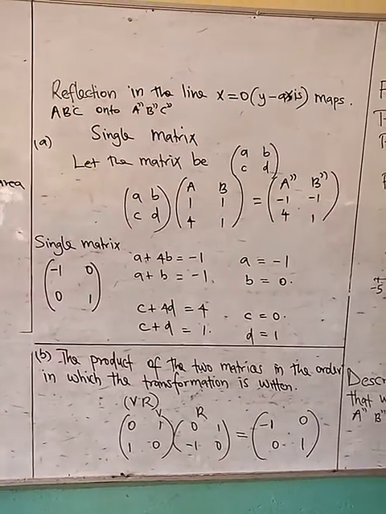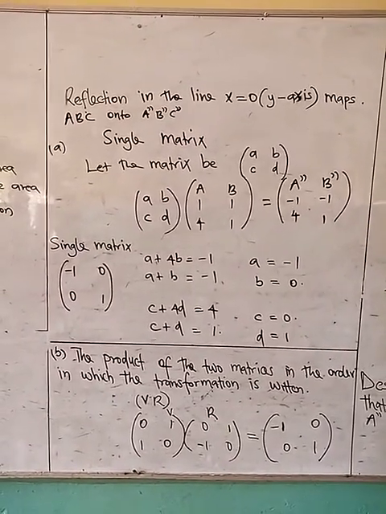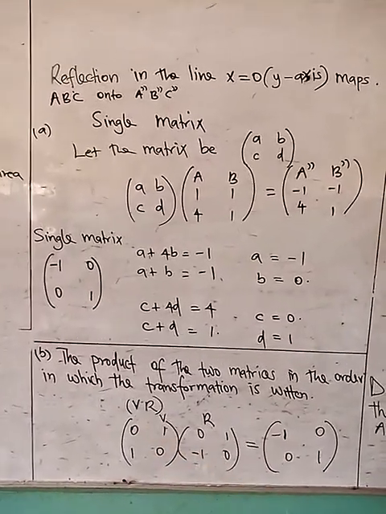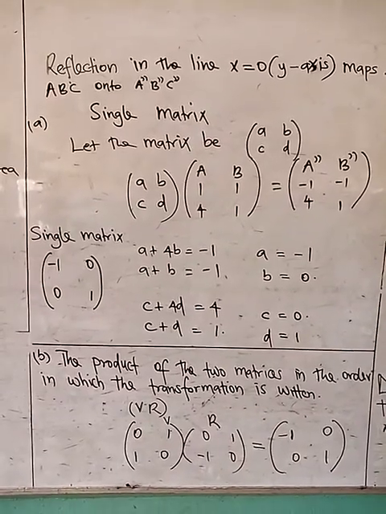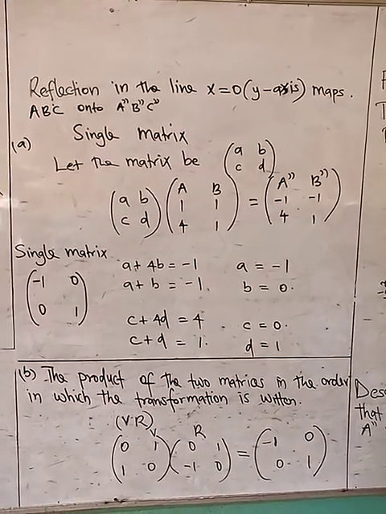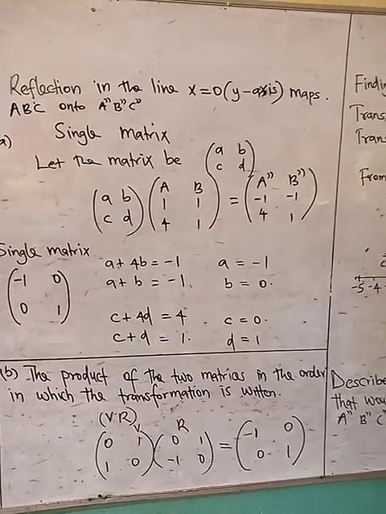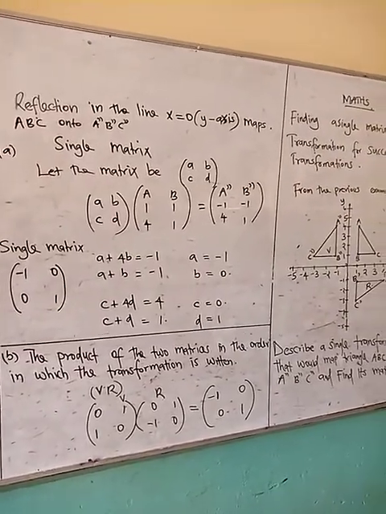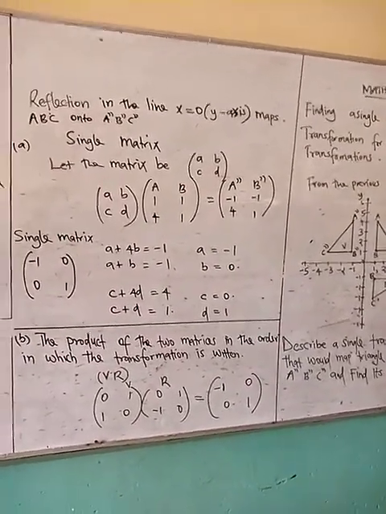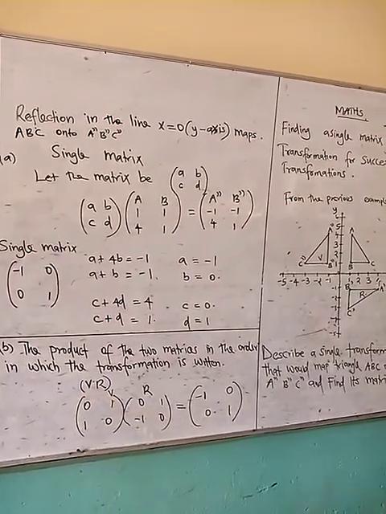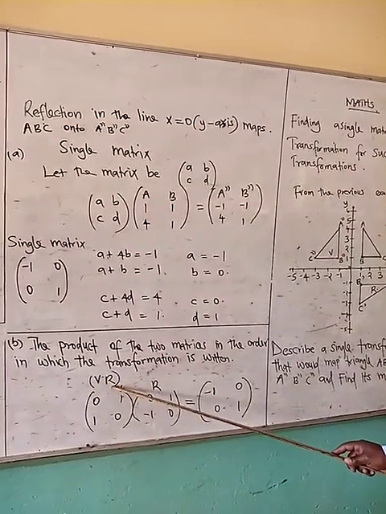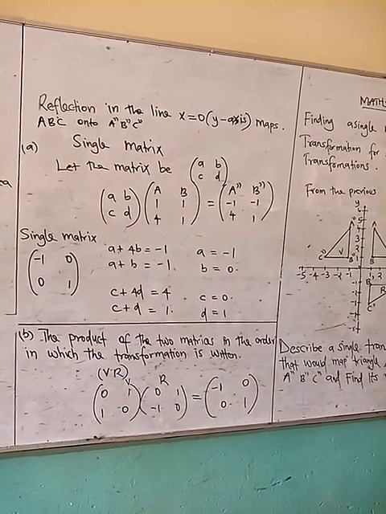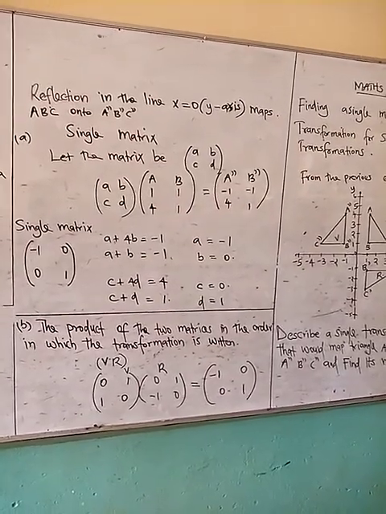With that order, the first transformation we did was R, the second was V. So the first transformation we used becomes the last, and the last becomes the first. Therefore, to get that single matrix of transformation, we simply multiply VR, where R is the negative quarter turn about the origin, and V is the reflection in the line y = x.